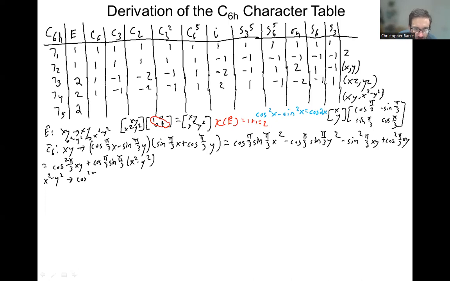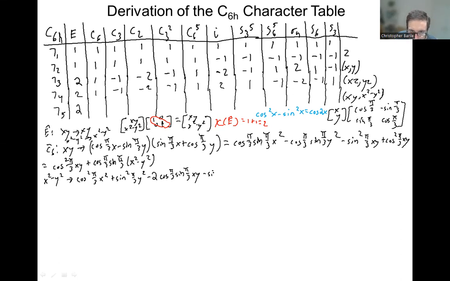It's going to get me cosine squared pi over 3 x squared plus sine squared pi over 3 y squared minus 2, right? We have two of the same terms here. Cosine pi over 3 sine pi over 3 xy. And then we have to subtract the y squared term. So we're going to take this and square it. We have to remember that we're going to have negative signs there.